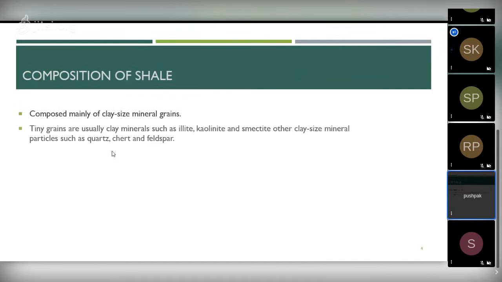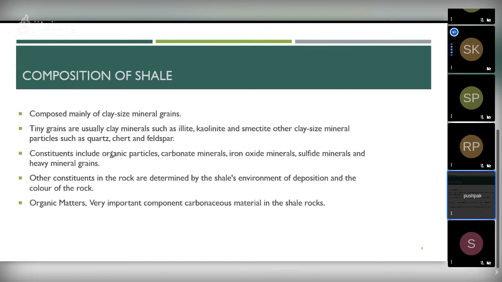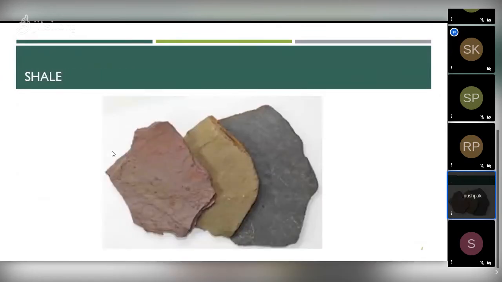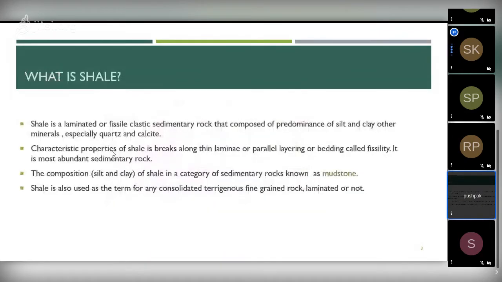Hello, Pushpak. Yes, sir. Okay, so now when we are talking of shale, can you go back to the previous slide? Okay, one more, the first slide. When you say shale is a laminated or fissile, clastic sedimentary rock, if someone asks how it differs from clay and how you classify clay and shale, what would be the key point to describe it?